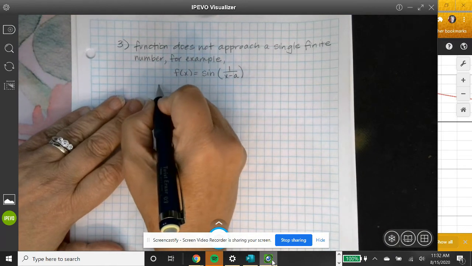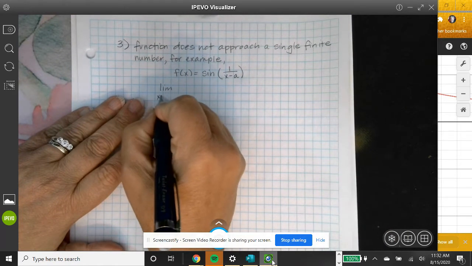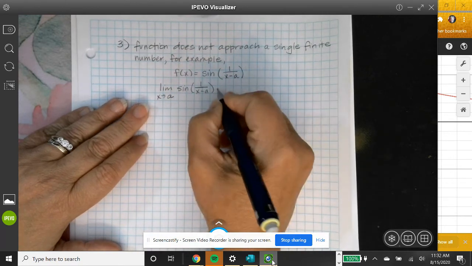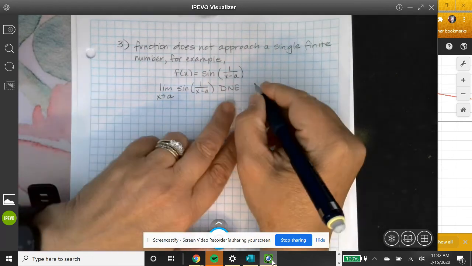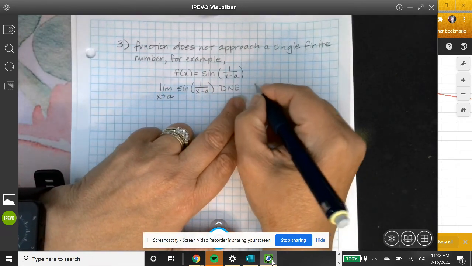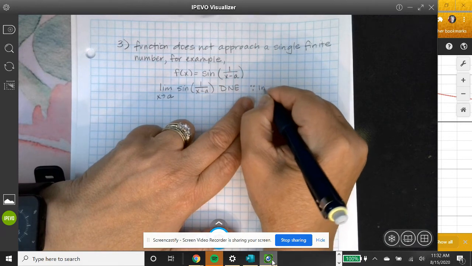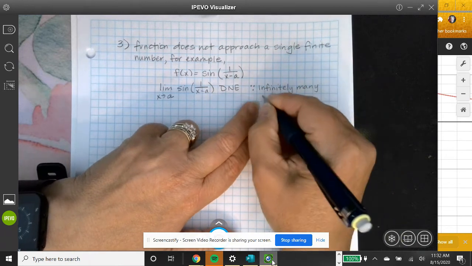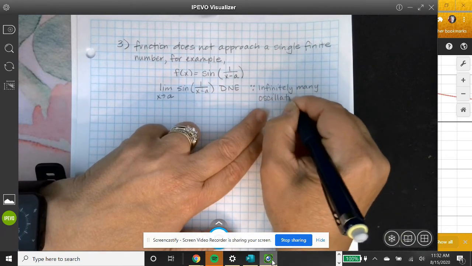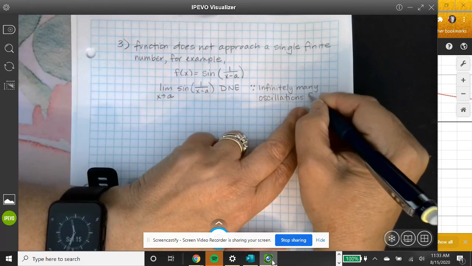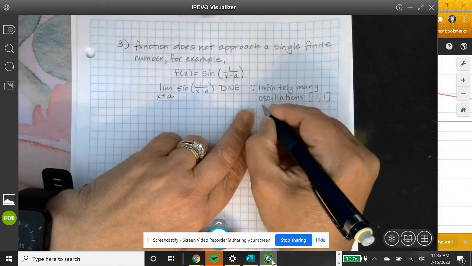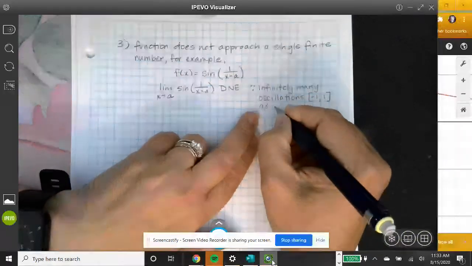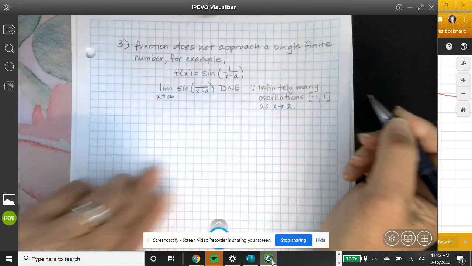So that means that the limit as x approaches a of sine of 1 over x minus a does not exist, since there are infinitely many oscillations, and we're going between -1 and 1 here, as x approaches 2, right?